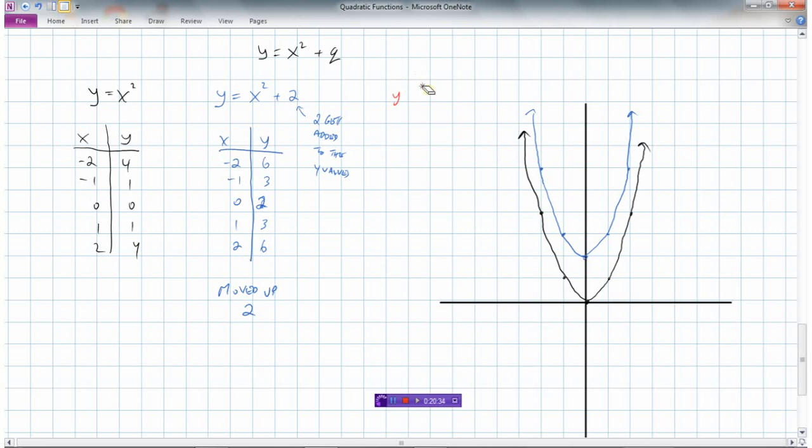And we could do another one here. Y equals x squared minus 3. And so when I square this, I get 4, but 4 minus 3 is 1. When I square negative 1, I get 1, but minus 3 is minus 2. And I continue to put in my table of values.